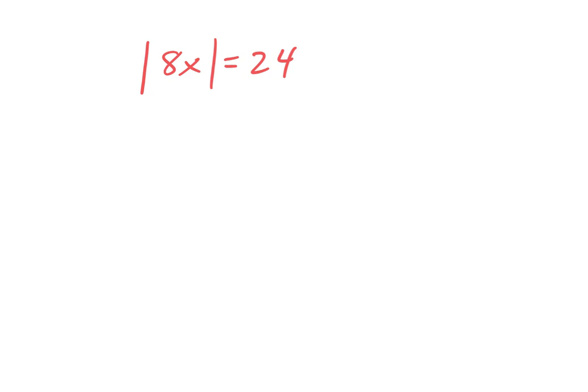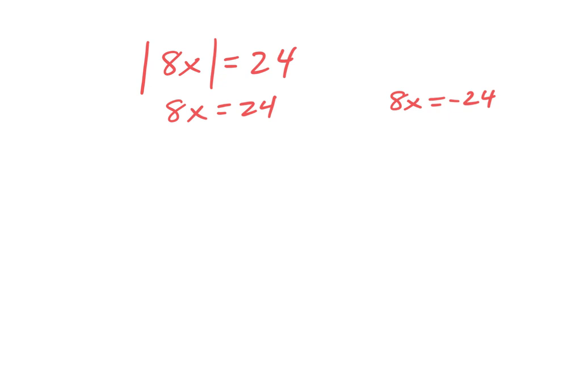So we're going to start with 8x equals 24, and we're going to say 8x equals negative 24. Because positive 24 and negative 24 are the two things I could put into this absolute value that would make it equal 24, right? But we want to find out what value of x makes that true.